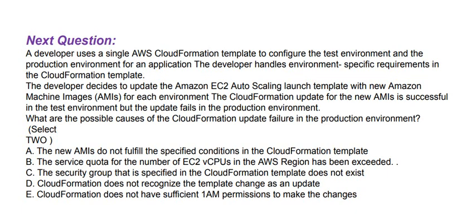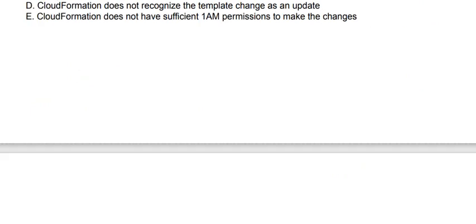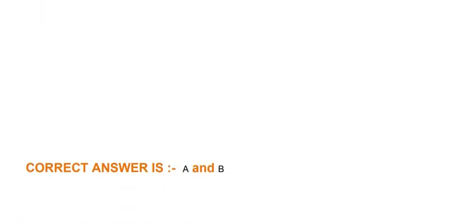Option D. CloudFormation does not recognize the template change as an update. And option E. CloudFormation does not have sufficient IAM permissions to make the changes. The correct answer is option A and B.